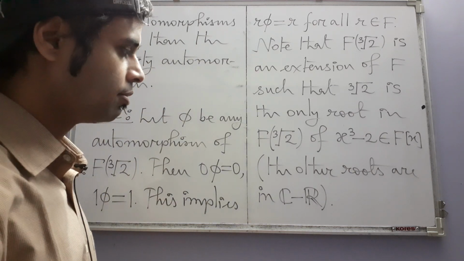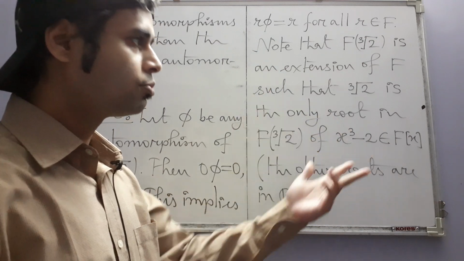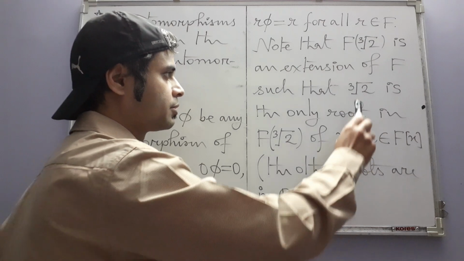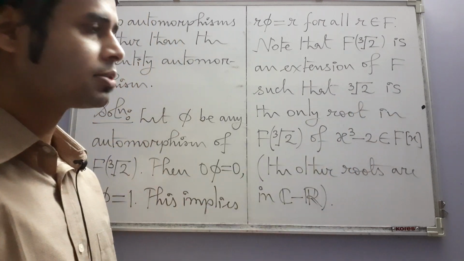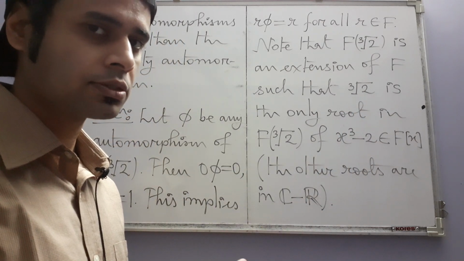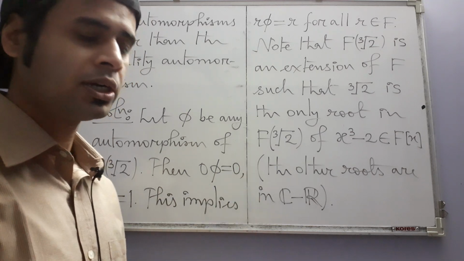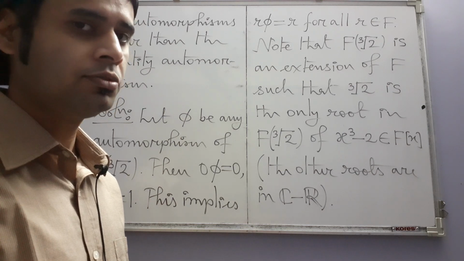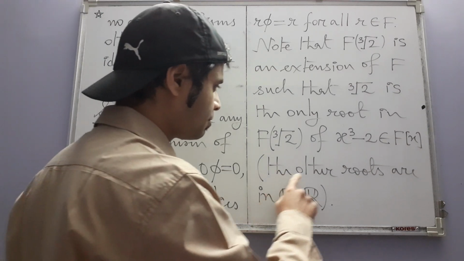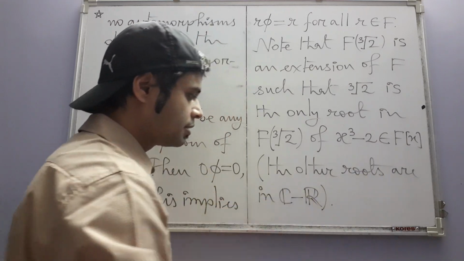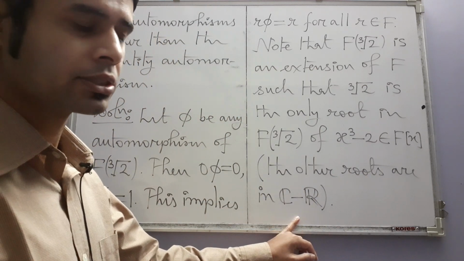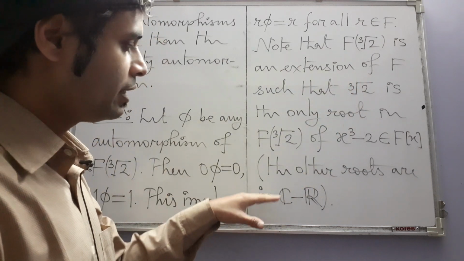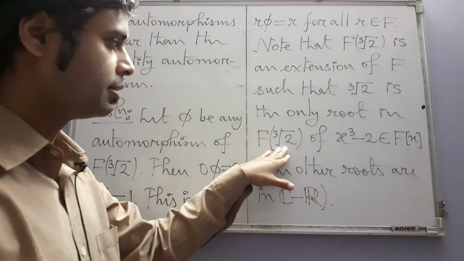Why is it the only root? Because the other two cube roots are both non-real complex numbers, where one of them is omega times cube root of 2 and the other one is omega square times cube root of 2, where omega itself is a non-real cube root of unity. So that's why we have written the other roots are in C minus R, that is they are non-real complex numbers. But why are the other roots not lying in this extension?